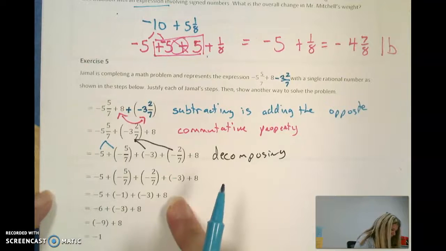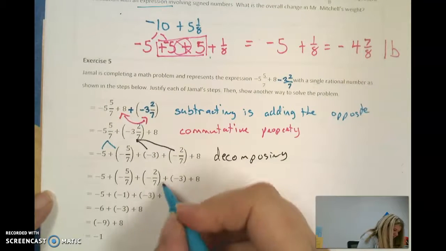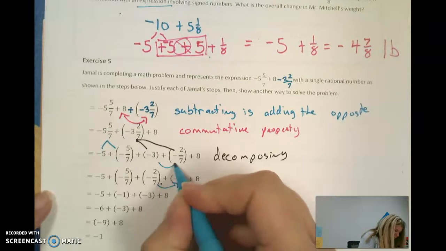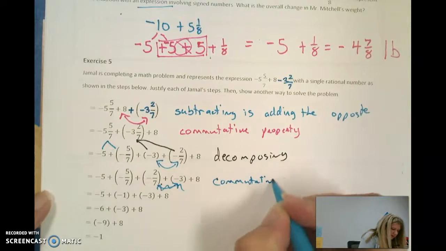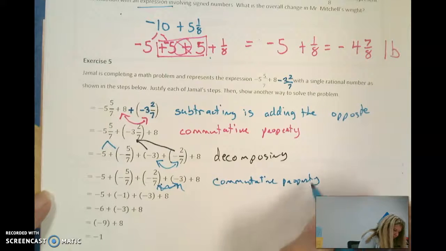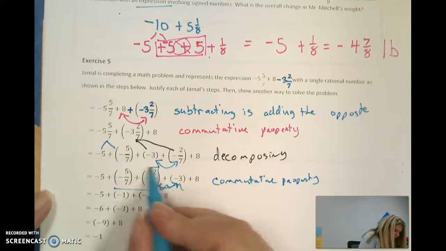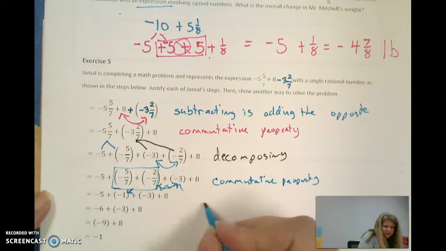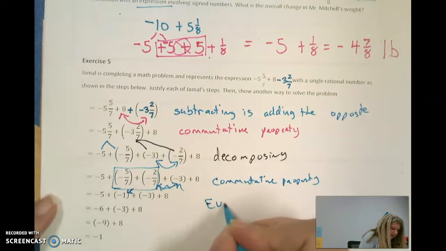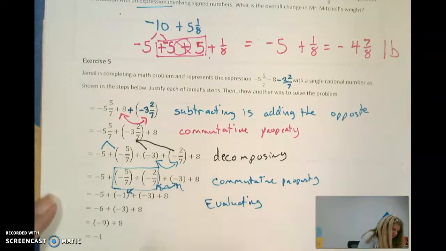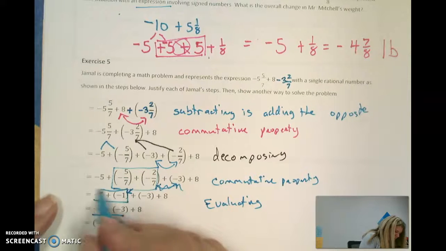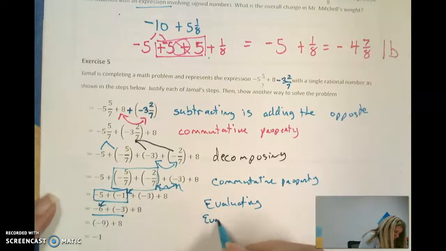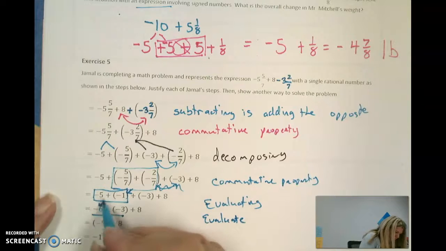Okay, then what's happened here? Switch the order of these two. Whoops, switch the order of those two. That's the commutative property again. Ooh, okay. Then these two have been combined. So that's just evaluating or solving. Oh, I'm getting ahead of myself. These two, it's evaluated, because -5 and -1 is -6.